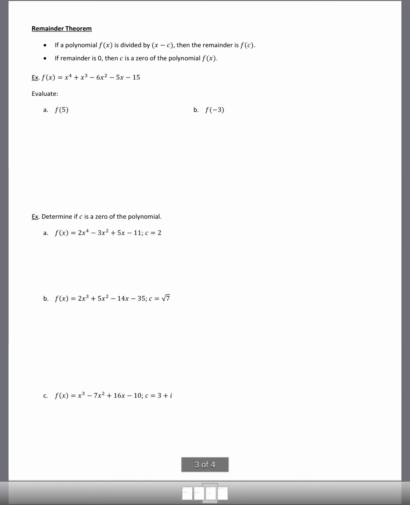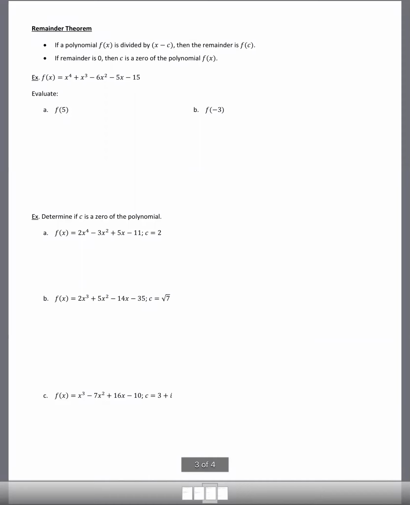When we were working with polynomials before, we would always evaluate the polynomials at a value. So let's go into these two examples where it says evaluate, so that we can go back over an old skill. And then I'll explain how the remainder theorem plays a role here for us.